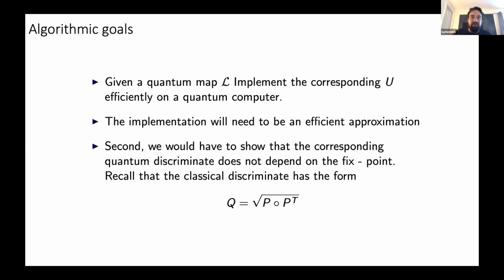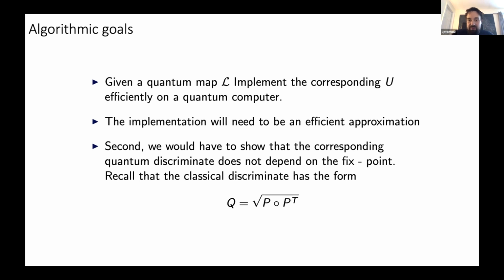But that's roughly the idea: you want to have a unitary that approximates, in some sense, the corresponding quantum map, with a closed fixed point, closed phase gap. And the next thing we practically want is a similar property as we have classically.